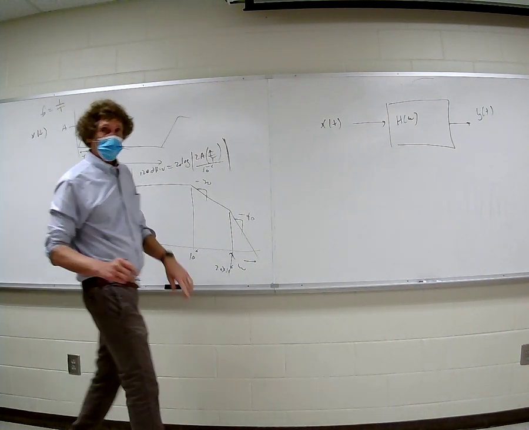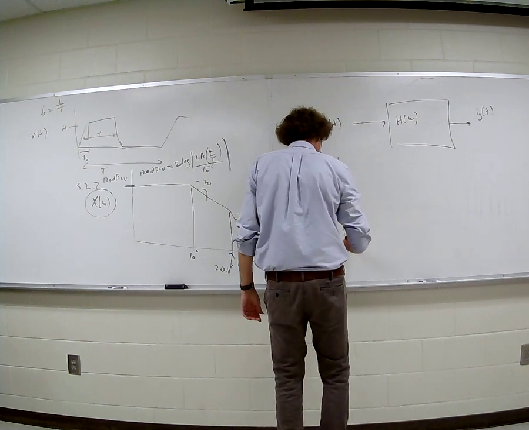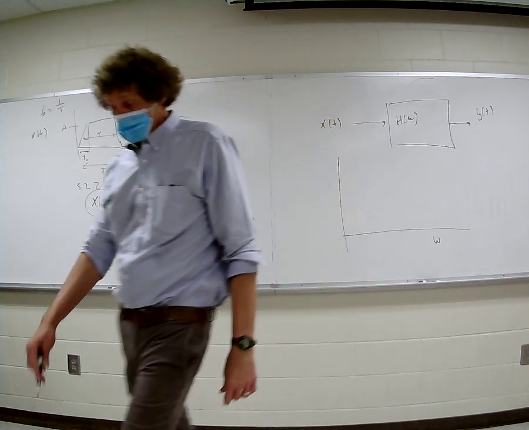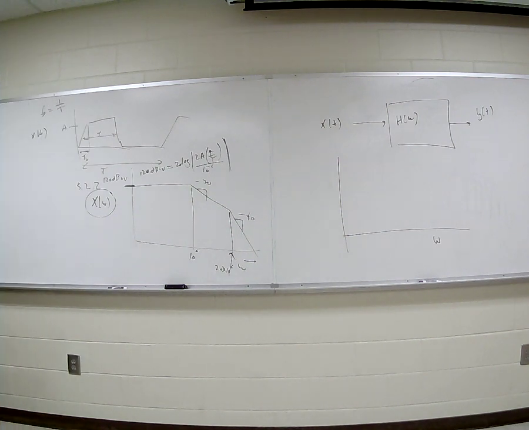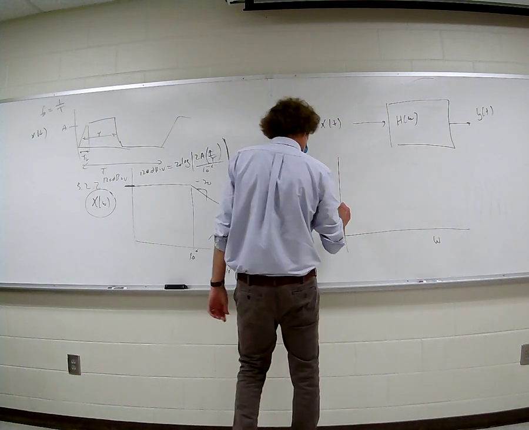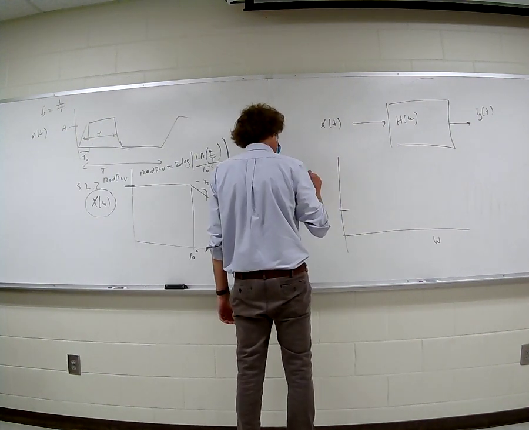Now, that filter characteristic is given. It's versus omega. And here, take a quick look, it's going up at a rate of 20 dB per decade, and it starts at minus 30 dB. So here's what this filter looks like. This is h of omega.